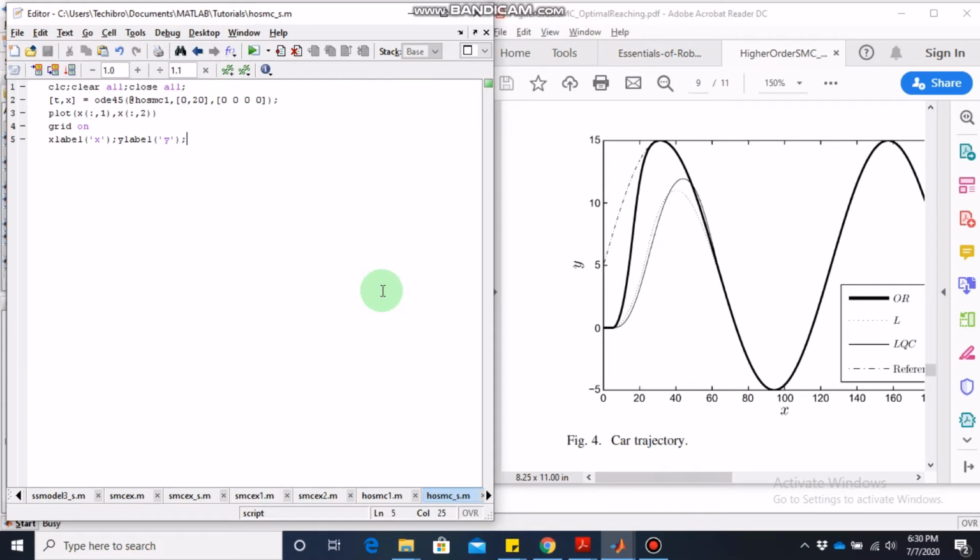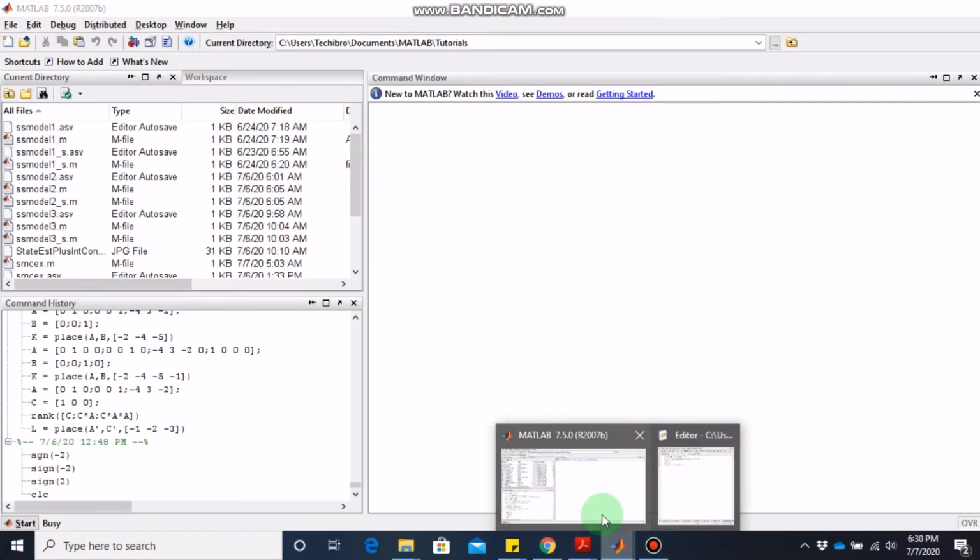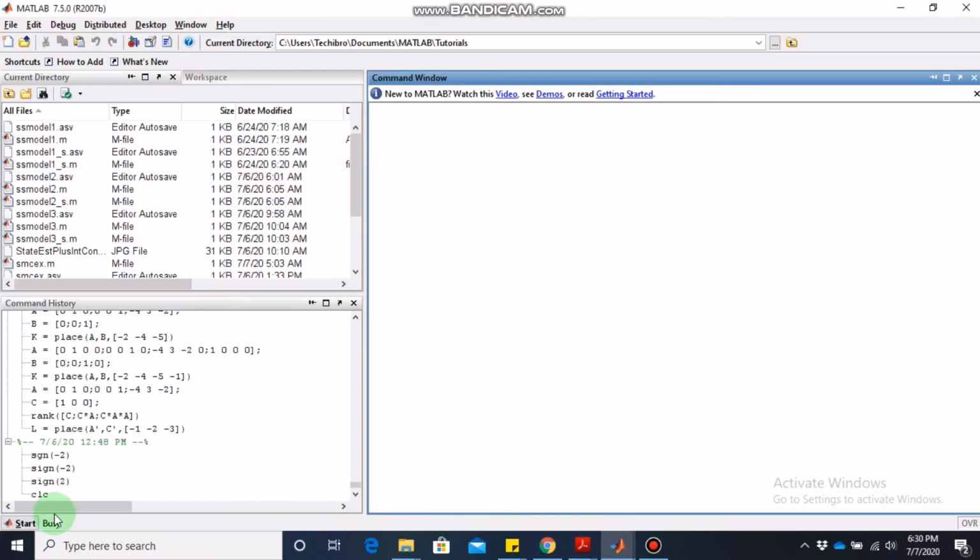So I have run this file, and let's see what comes up. We have to wait a little bit, maybe. You see MATLAB is busy. The differential equations are actually quite heavy, so it's going to take some time to simulate them. There's going to be a lot of computations involved.